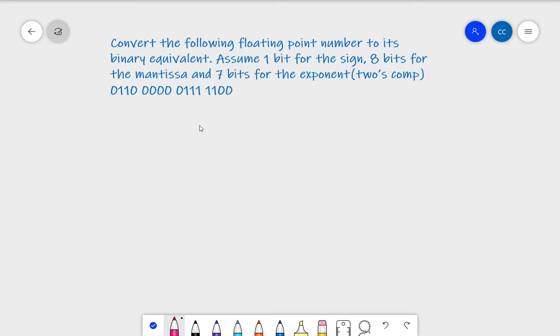So 0, 1, 1, 0, 0, 0, 0, 0, 0, 1, 1, 1, 1, 1, 0, 0. So this is the floating point number that we're going to be working with. We've got 3 things to do here.